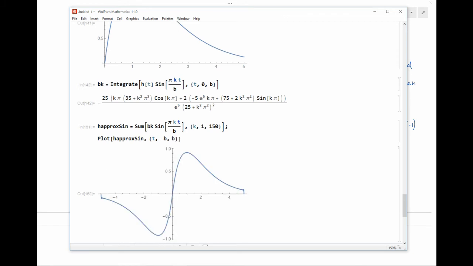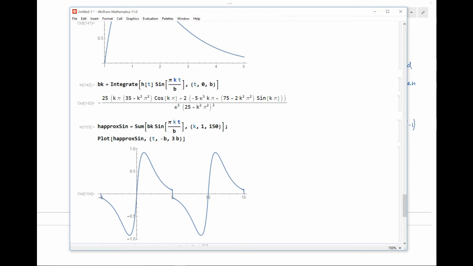Again, if I plot the function from minus b to b, then I will see some interesting reflection. So it seems like the function was flipped around the y-axis and then flipped around the x-axis. So it is kind of rotated by 180 degrees and then attached to the function. So this is how the sine approximations create a 2b periodic copy of the function. And then if I plot from minus b to 3b, then you can see how these things are repeated now.